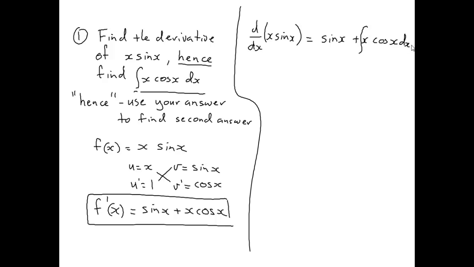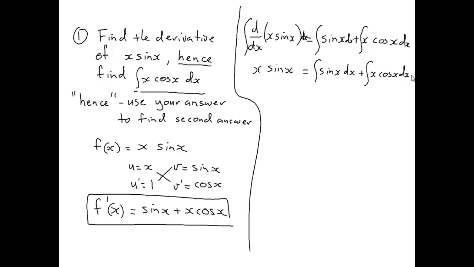So what we'll have to do is take the antiderivative of each of these. The antiderivative on the left hand side and the derivative cancel each other out and we're left with x sine x. We don't have to do any mathematics for that because we knew that already, which means that we now have the antiderivative of sine x dx and the antiderivative of x cos x dx.